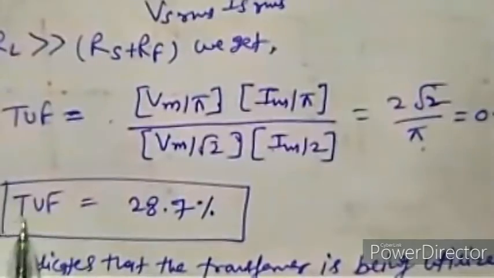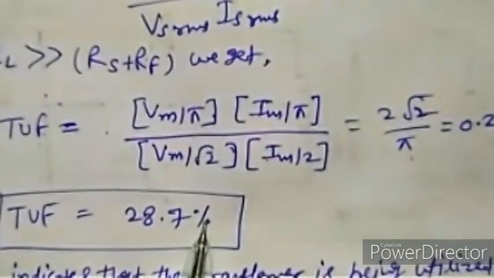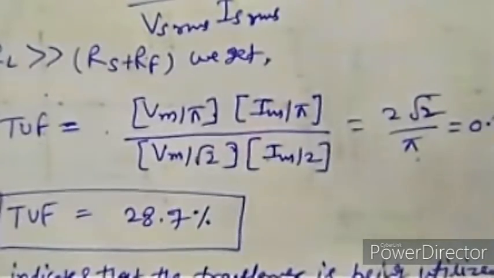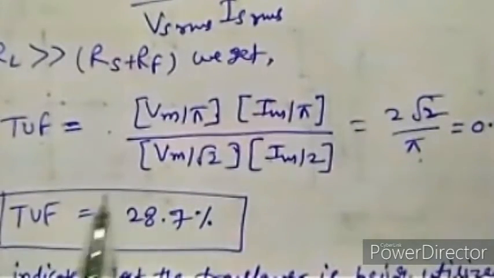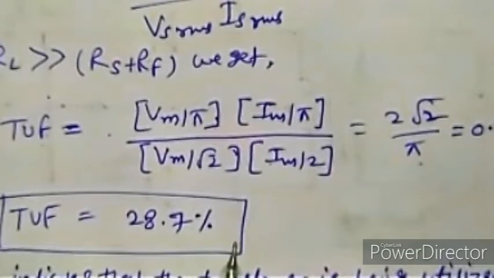So the transformer utilization factor is 28.7% for a half wave rectifier. What does it indicate? It indicates that the transformer is being utilized to only 28.7% of its full capacity.